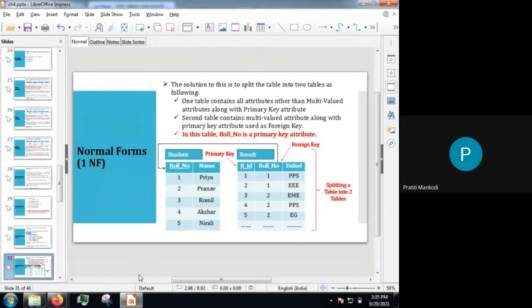Roll number and subject. Do you know how many subjects there are? Every student will have a different number of subjects in which he or she is failing. Suppose you are recording pass, fail or nothing. If you are passing in one subject, someone else will be passing in 4 subjects, someone in 3 subjects.